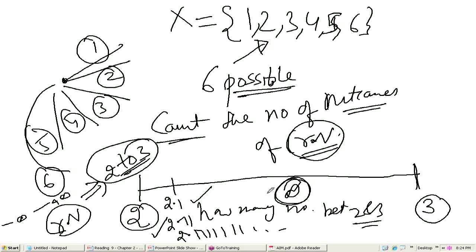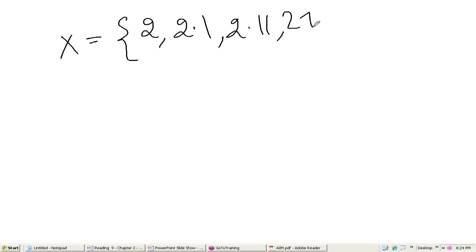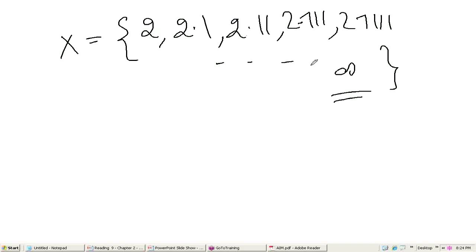So when you have that random variable, you are not able to count the sample space. If you denote that random variable by x, it can take a value of 2, 2.1, 2.11, 2.111. There are an infinite number of outcomes, so up till 3 there are infinitely many elements in this set.